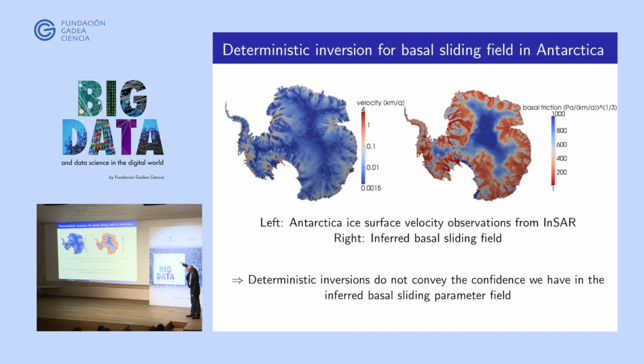And what you can see here, you can see these ice streams, this fast-flowing ice. This is several kilometers, 4 kilometers per year. This is West Antarctica over here, where some of the greatest flow rates are observed. And even in East Antarctica, you can see that there's fast-flowing ice streams.